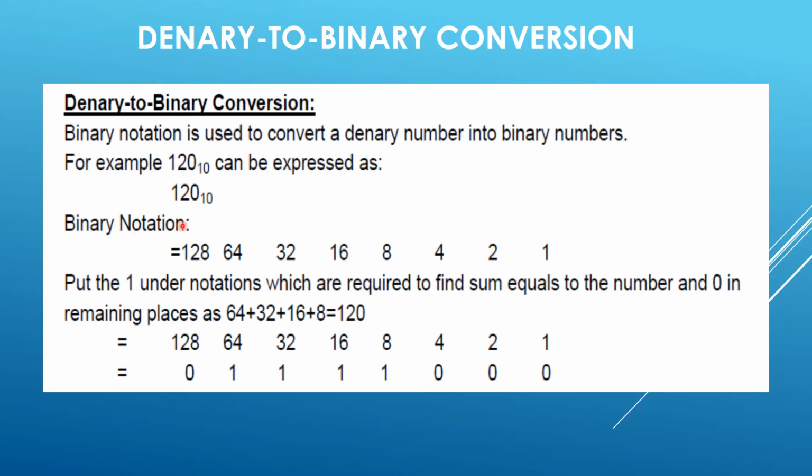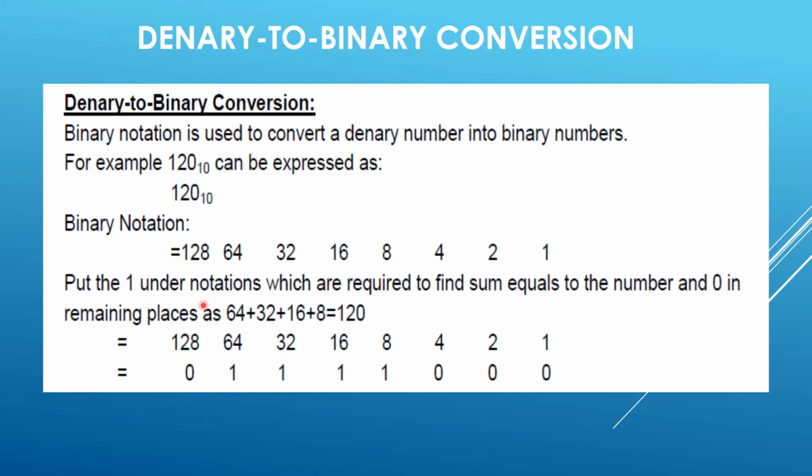So we need to write the binary notation till greater than 120. So the binary notation will be taking 1, 2, 4, 8, 16, 32, 64, 128. Because the given number is 120, we are not going to write further binary notation 256 and so on.